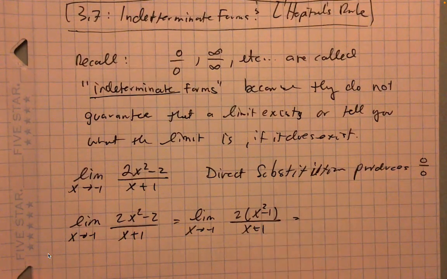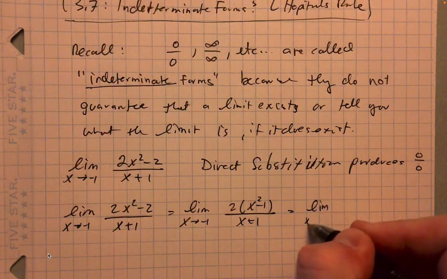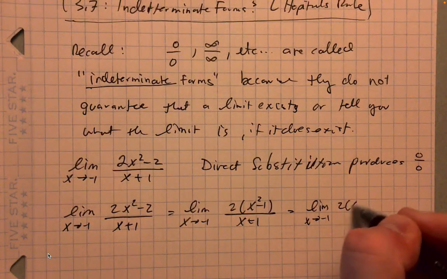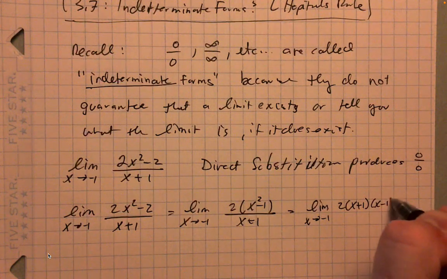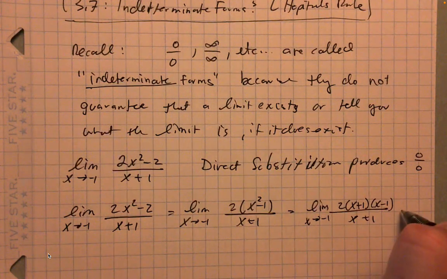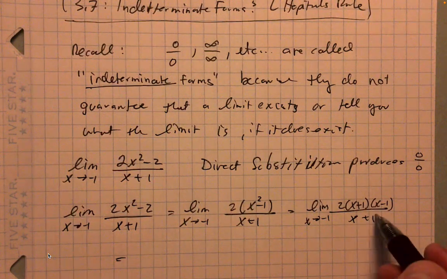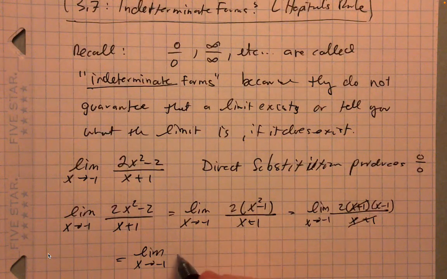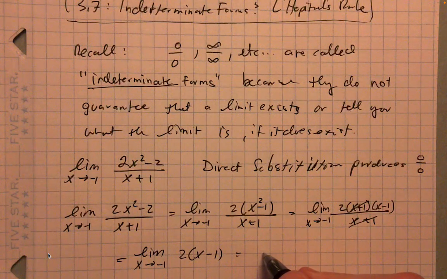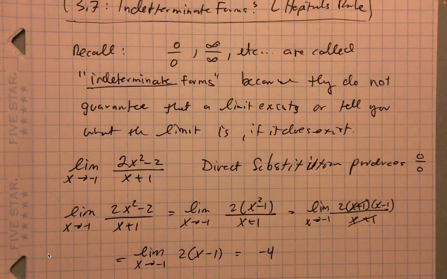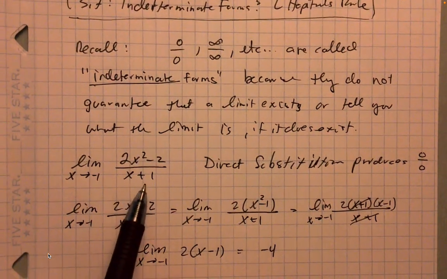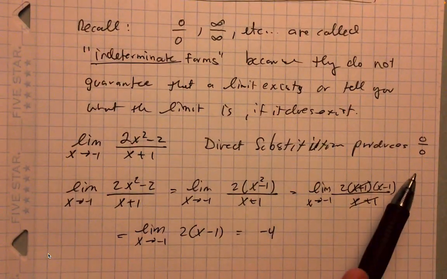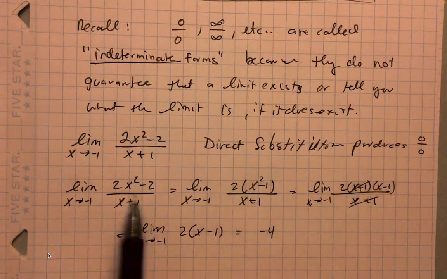And then, of course, the x squared minus 1 can be factored down, and you get 2 times (x plus 1)(x minus 1), all over x plus 1. Then you can do the cancellation, and you see that this limit is, in fact, 2 times (x minus 1), so you would get -4.